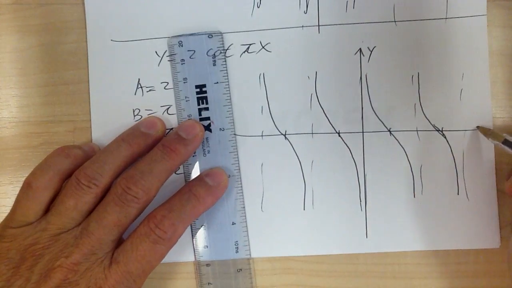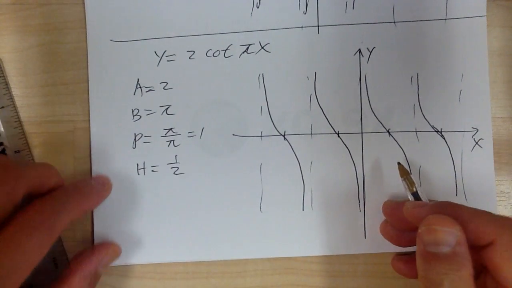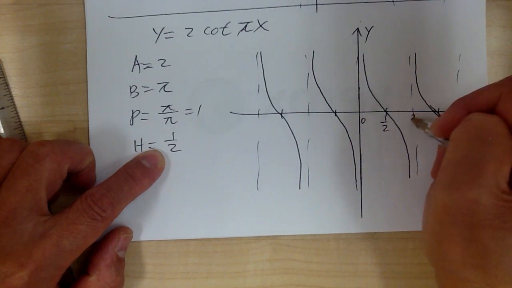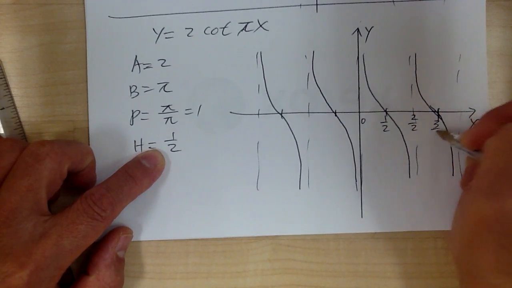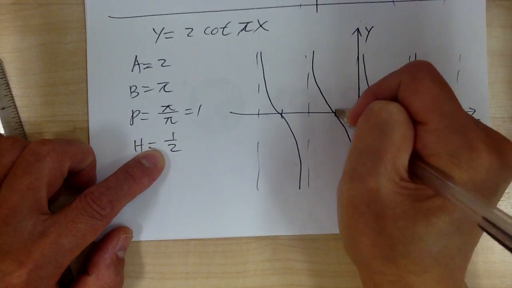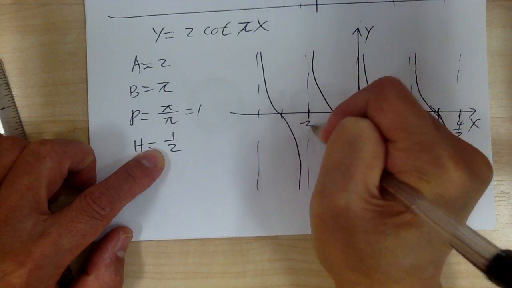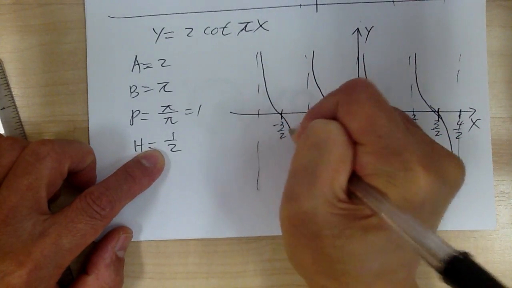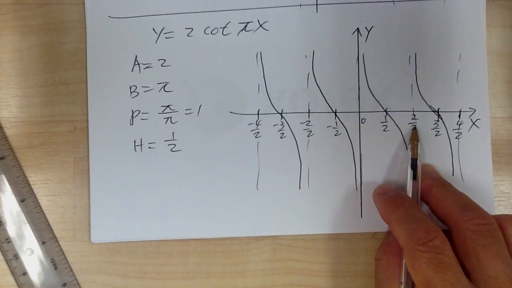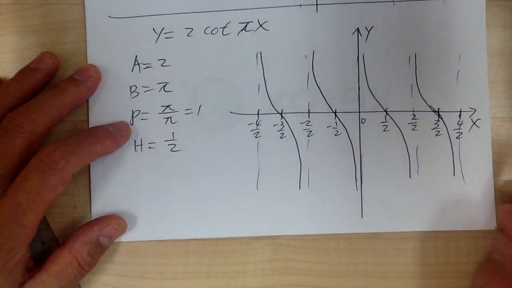That's your y-axis, and this is your x-axis. The half wave is 1/2, so this is 0. So this is 1/2, 2 halves, 3 over 2, 4 over 2. If you go backward, this is negative 1/2, negative 2 over 2, negative 3 over 2, negative 4 over 2. Then you can simplify the fractions if you want to. You can do it later. Right now, just get these things done.